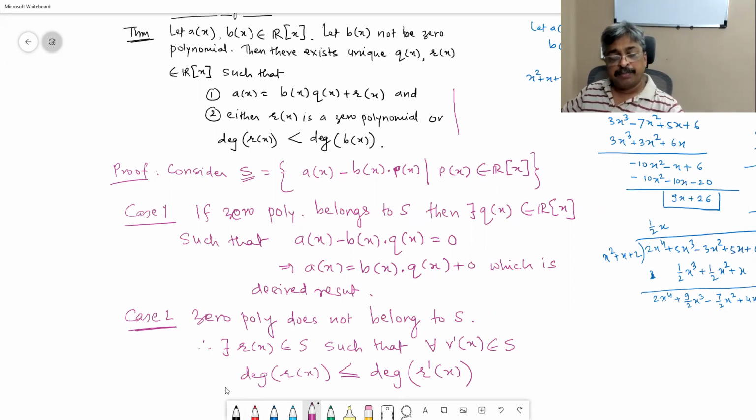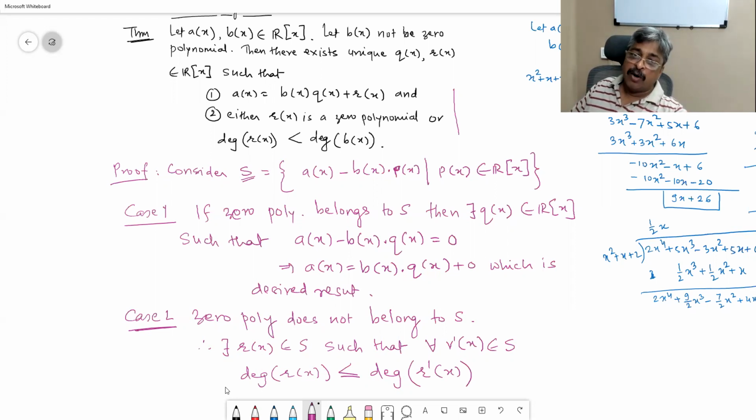That is well ordering principle. As far as all degrees are concerned, they are either 0, 1, 2, 3, 4 and so on. Therefore, by well ordering principle, there exists a minimum amongst all available degrees, and therefore this statement is going to be true.